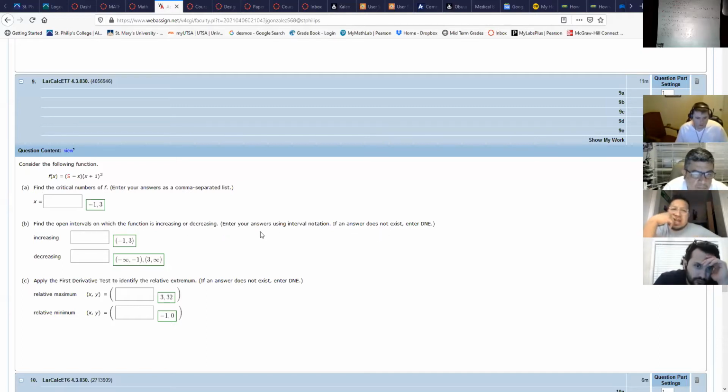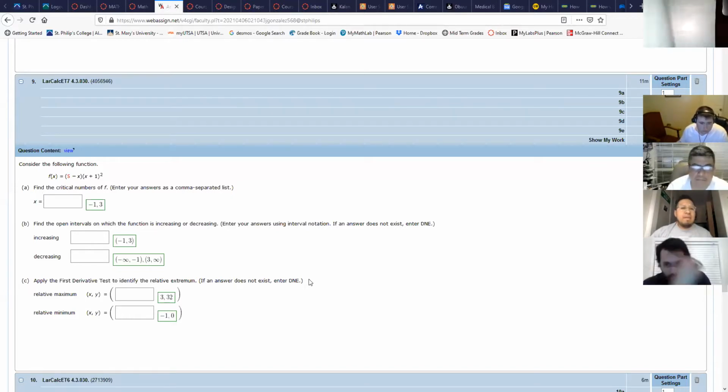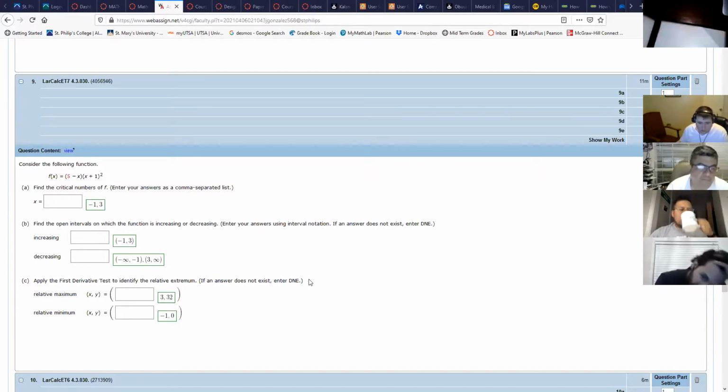Now you can graph to check your work, but I'm going to want to see you actually use the first derivative test. So I'd recommend doing it by hand regardless, and then checking your work after. All right, so we're going to need these numbers, 3 and -1. Any questions before I turn the page?